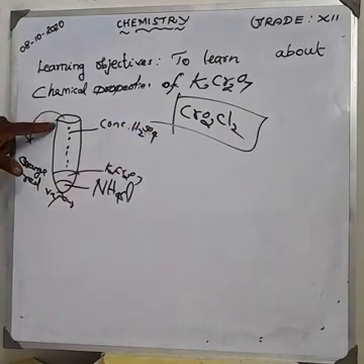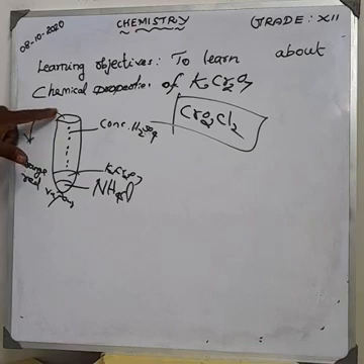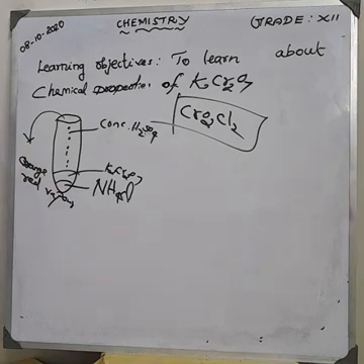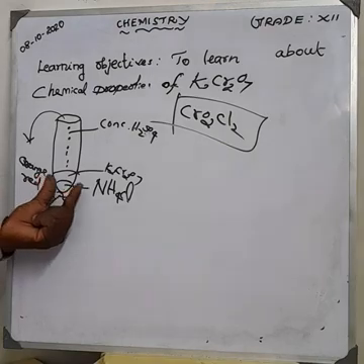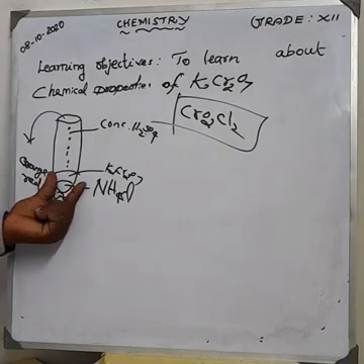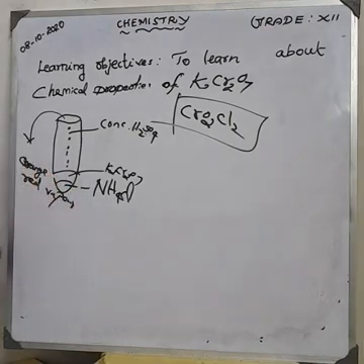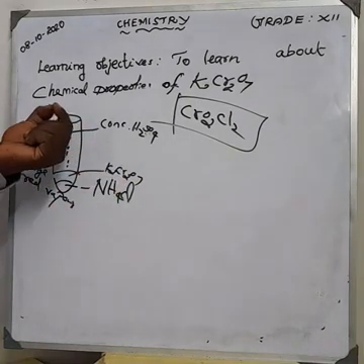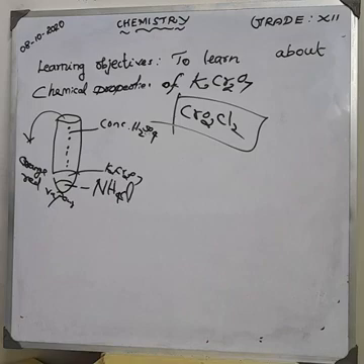First of all, we take one test tube. In that test tube we add any one chloride salt. We can take ammonium chloride, sodium chloride, magnesium chloride or calcium chloride, whatever chloride salt. Above the chloride salt we add a pinch of potassium dichromate and 1 or 2 drops of concentrated sulfuric acid.